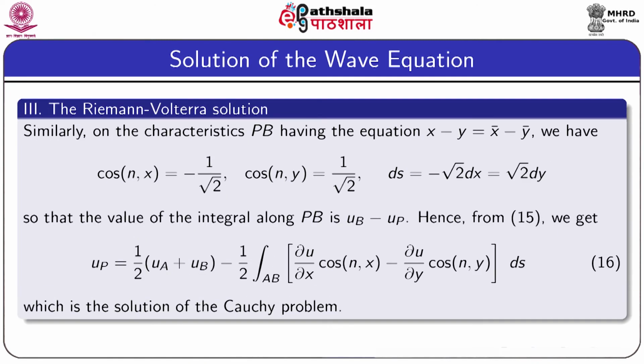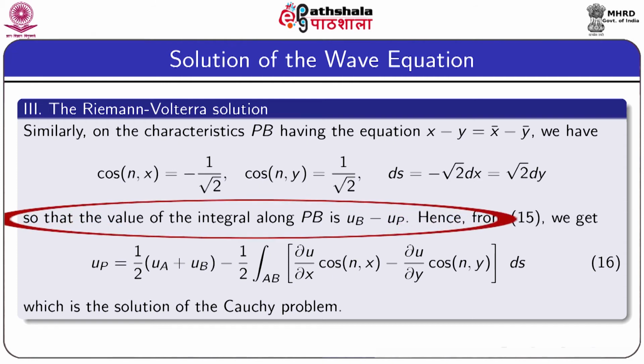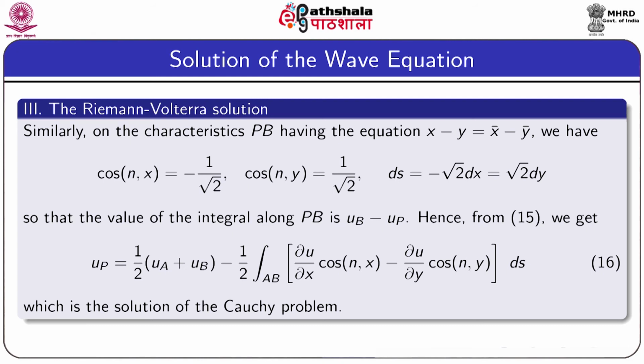Similarly, on the characteristic PB, which has equation x minus y equals to x bar minus y bar, we obtain the expression, the value of the integral along PB as UB minus UP.